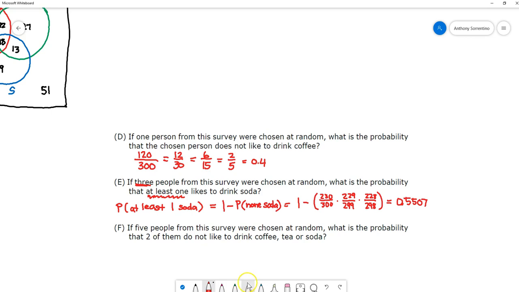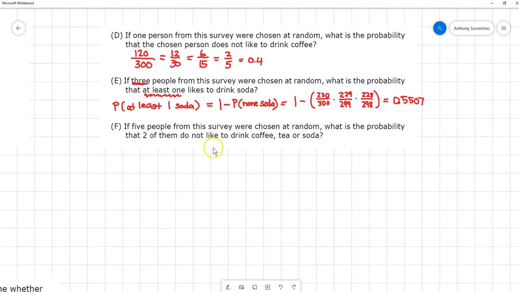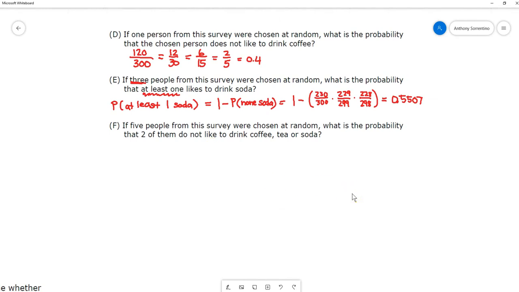So I'll go a different color for the next one. If 5 people from this survey were chosen, what is the probability that 2 of them do not like to drink coffee, tea, or soda?